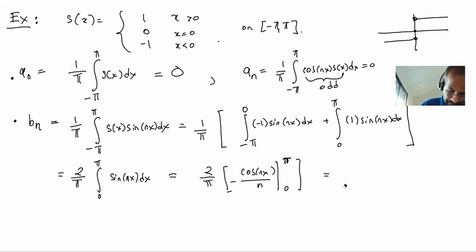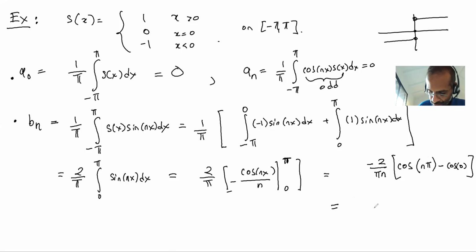So this is minus 2 over pi n times cosine n pi minus cosine 0. And now the point is that if n is even, this is 1 minus 1, which is 0. And if n is odd, it's actually minus 2. So it's 4 over pi n if n is odd.